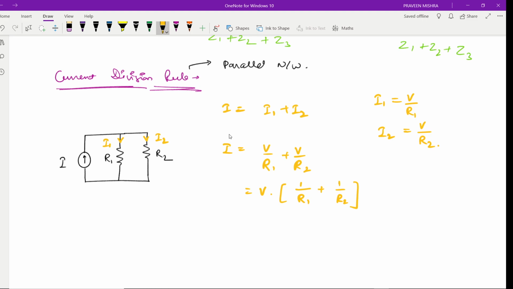Okay, so it will be R1 plus R2 upon R1 into R2. V into this will be I.